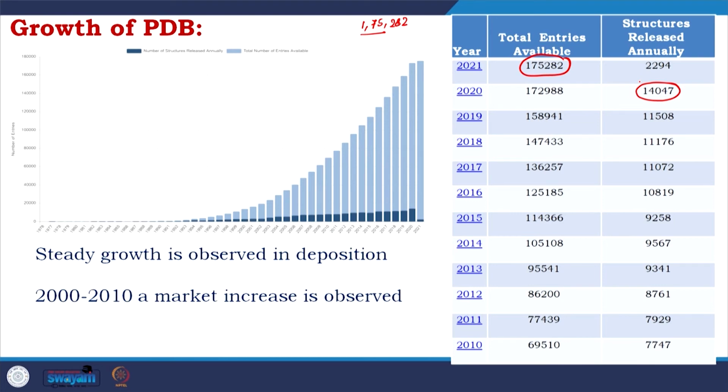From 2000 to 2010, a marked increase is observed. This is because of the introduction of structural genomics, which I talked about in the X-ray crystallography part. Structural genomics came with a lot of potential.